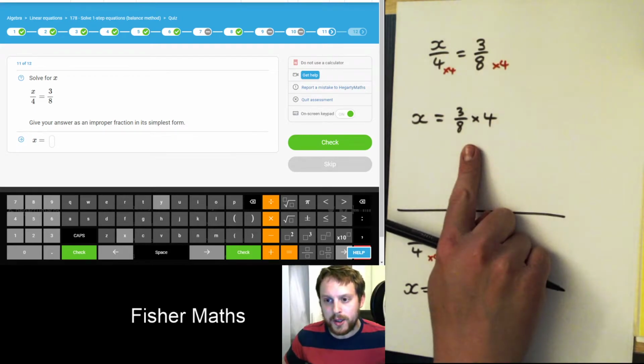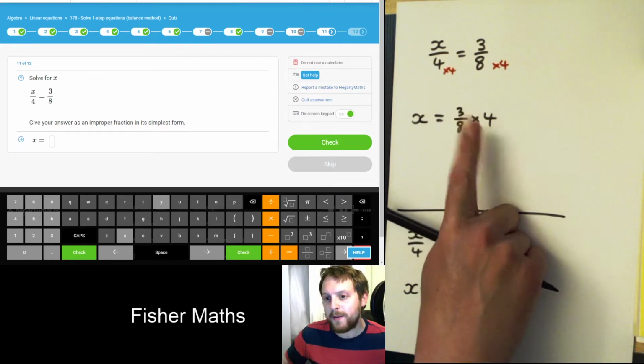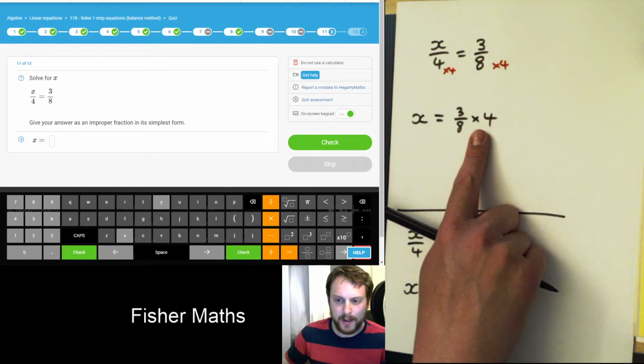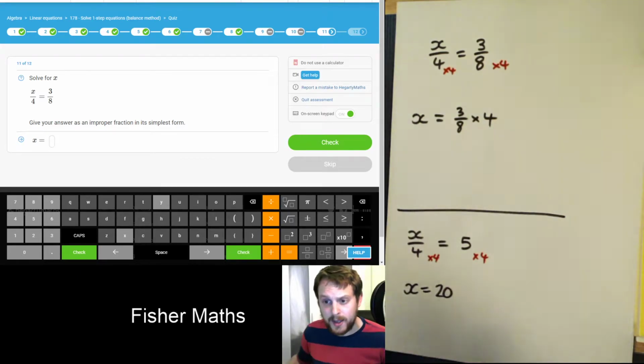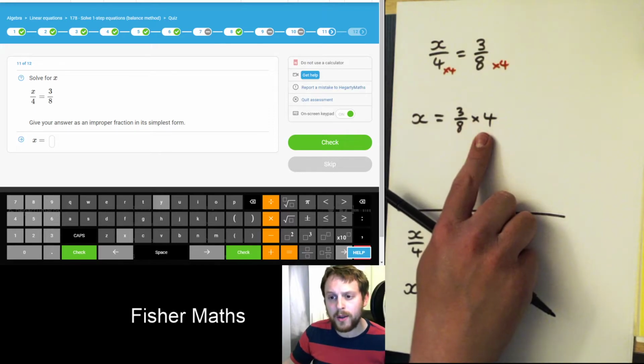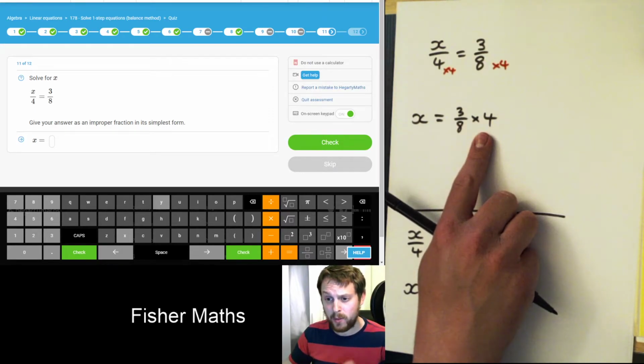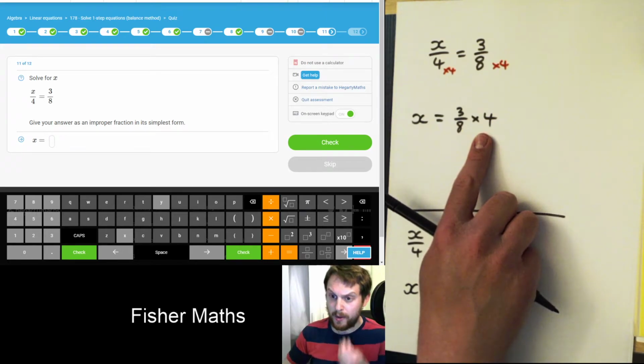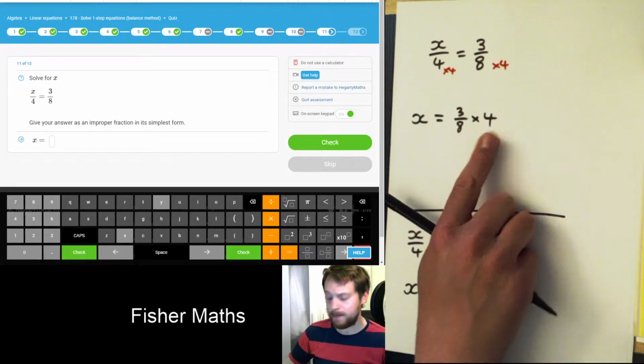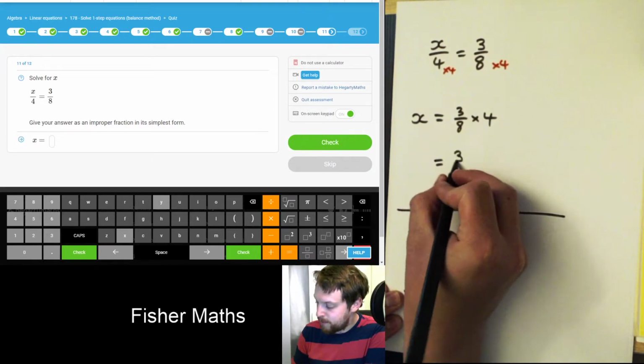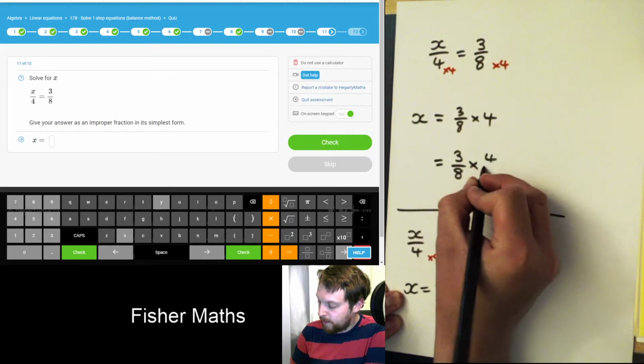In this situation, you don't have to do it this way, but most people, at this stage of learning maths, are going to write the 4 as a fraction with a 1 on the bottom, because 4 divided by 1 is 4. So I'm going to write 3/8 times 4 over 1.